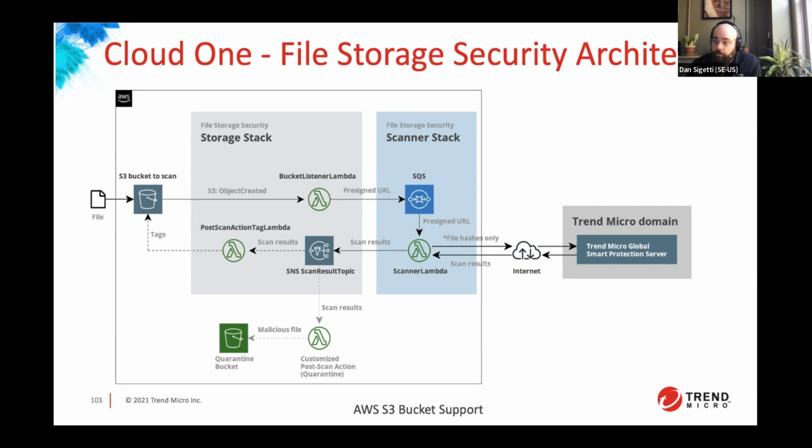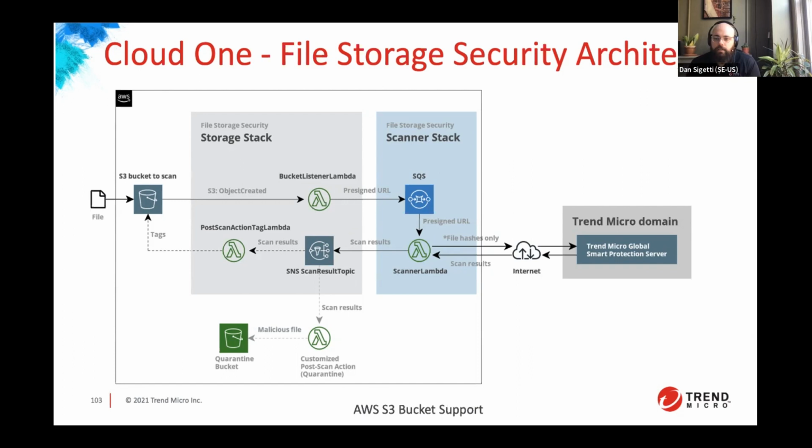What that accomplishes for us is that we can scan these files much faster. It doesn't hog down, let's say somebody uploads a 10 terabyte file or a 5 terabyte file. We're not waiting for that file to get scanned before we process the other 3 files that were uploaded behind it. We give the capability in the cloud and inside of the scanner lambda to just spin up as files get uploaded.